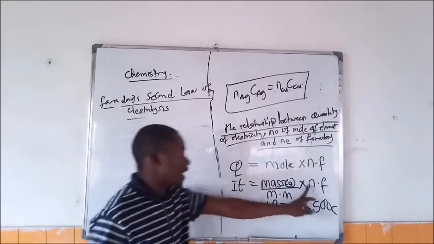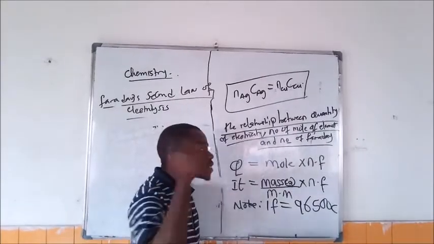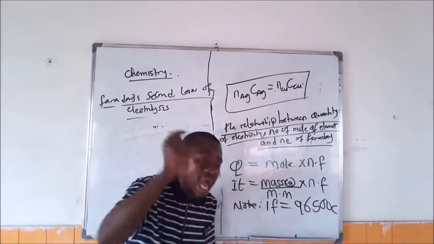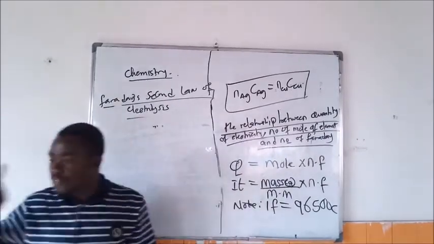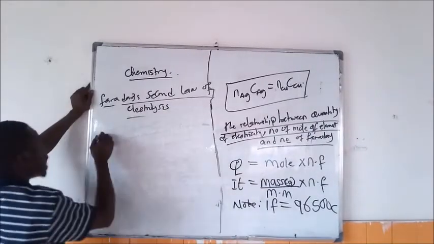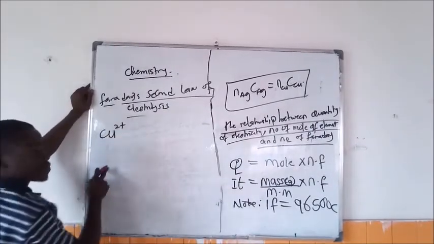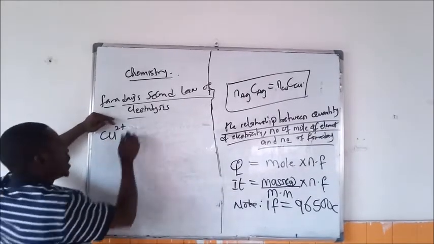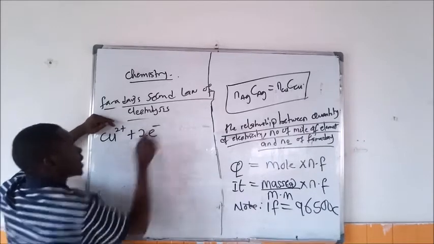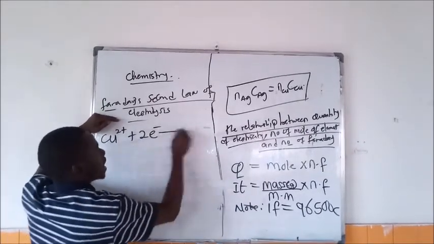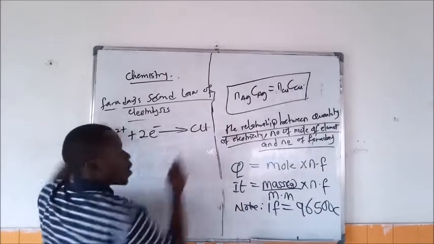Now, you see this N, it corresponds to the number on the ions that eventually discharged. Let us assume you have copper 2 plus. This copper 2 plus can be balanced ionically by adding 2 electrons, and then eventually you will have copper.